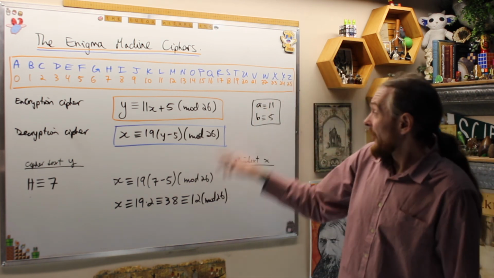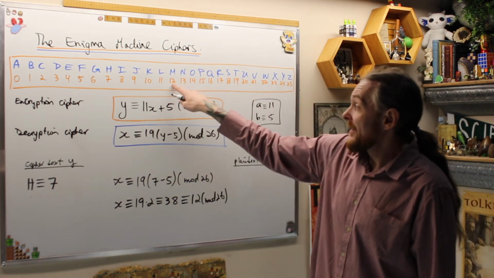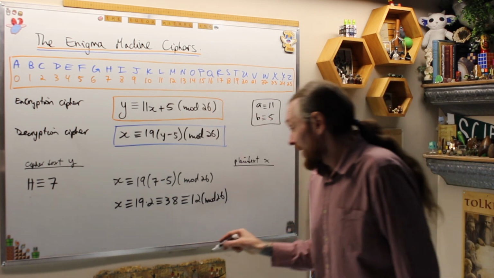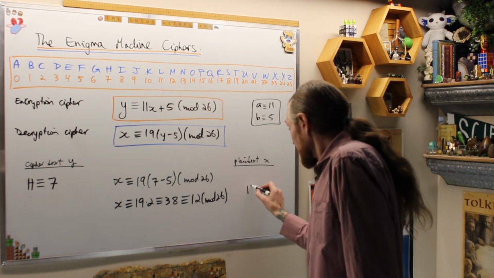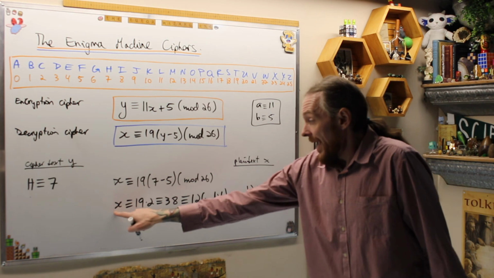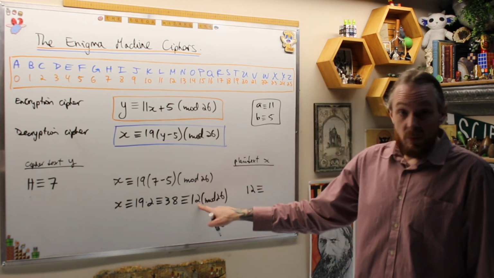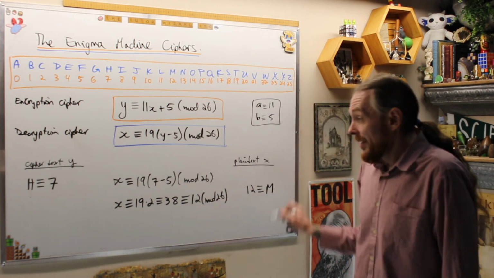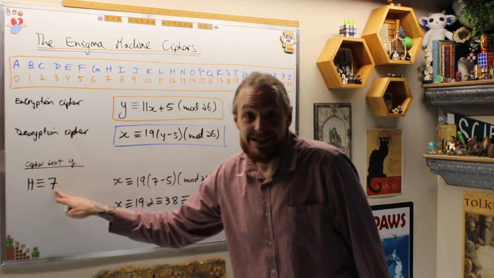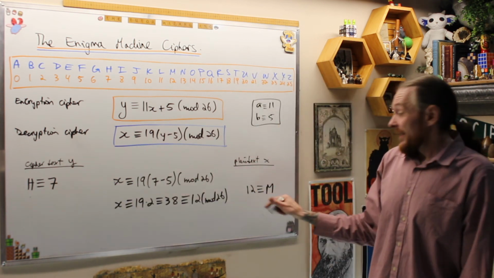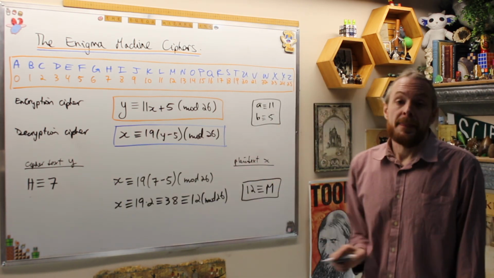Once I have that, 12 is a number between 0 and 25, and I see, oh, that's an M. So the plain text letter was a 12, and 12 is an M. So H, the ciphertext letter, its plain text equivalent is the letter M.